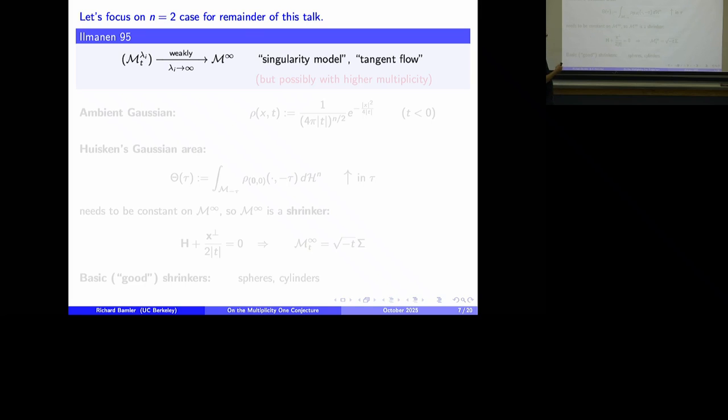Okay? So this result essentially tells us that if we want to understand the singularity formation, then this result can reduce this study to the classification of possible singularity models, these M_infinity. But there's a catch, and I'll get to this in a moment, which is that within this limiting process we may potentially see collapsing of several sheets to some limit which then has higher multiplicity.